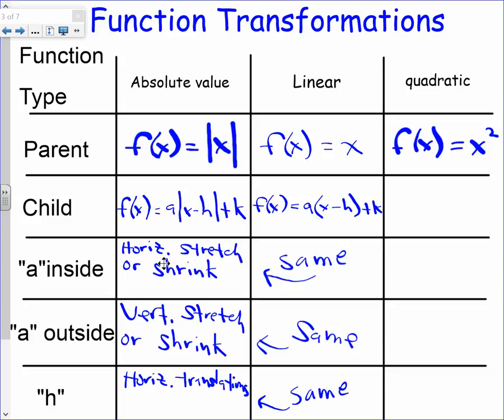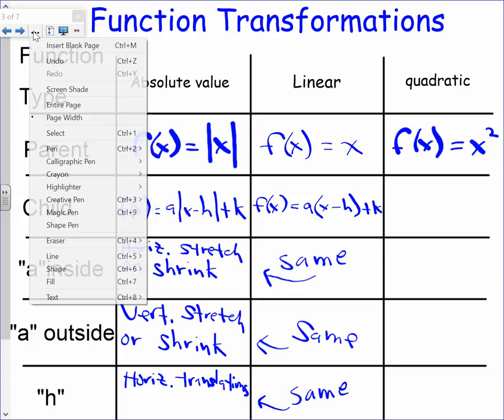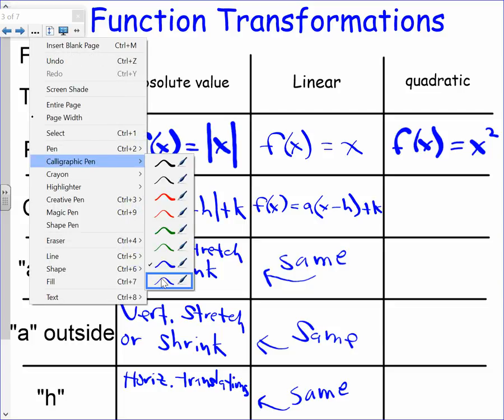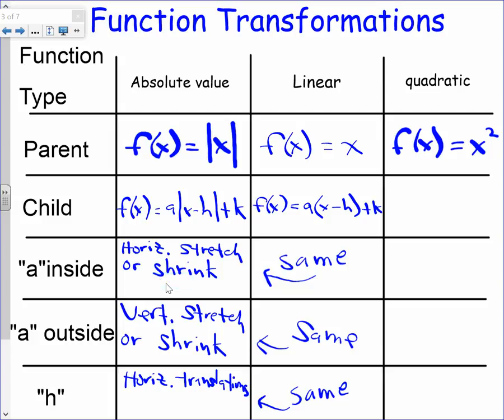What does a child look like? Well, the child looks like the rest of these, but with a slight difference. You have a second power going on here. Watch this. You still have the a value, you still have the h value, you still have the k value, but look at how it looks now.